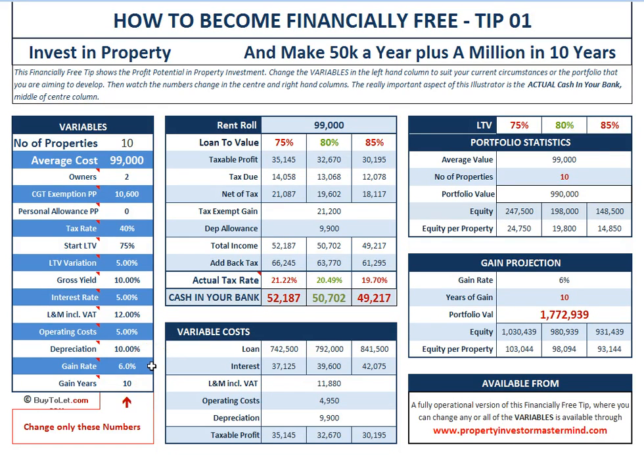Then we introduce a gain rate, and this is the gain or the increase in value of the properties that are owned, and gain is a big driver in property investment. So I put a 6% gain rate in for the purpose of these calculations, and we're going to look at the gain rate over a period of 10 years.